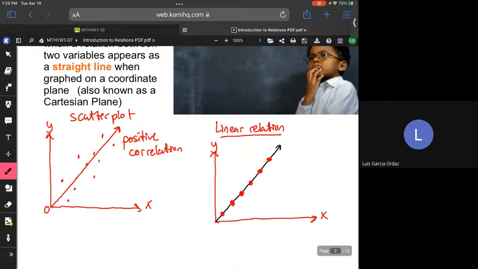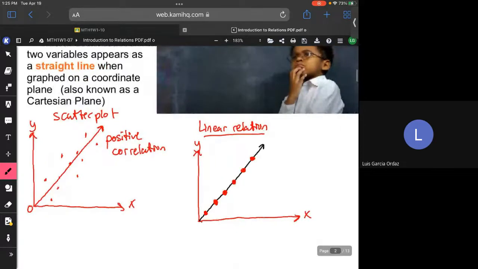I'm going to write down here, so your linear relation, your line passes through all, underline, points. So that's how you can distinguish a linear relation from a scatter plot: your line has to pass through all points.